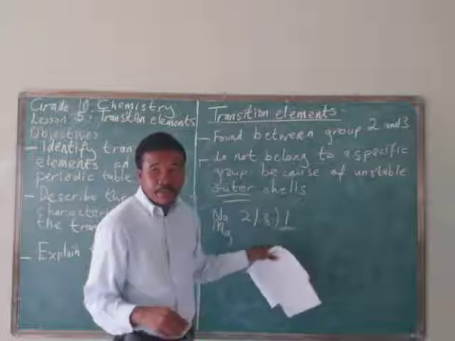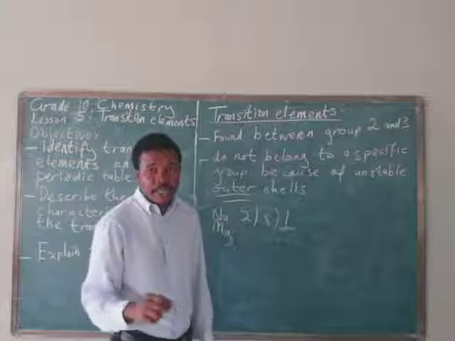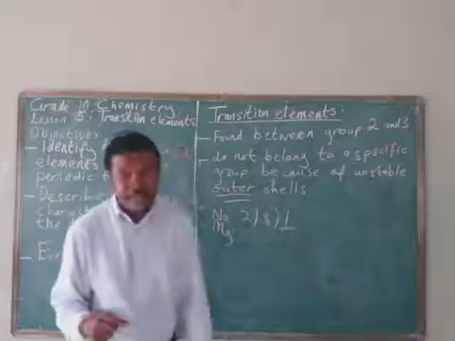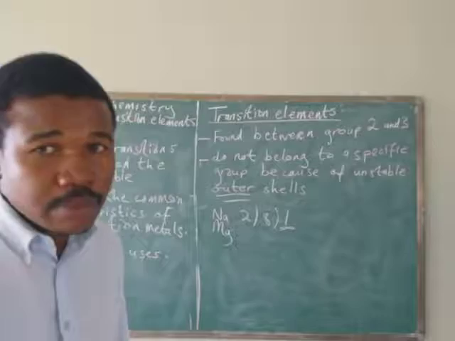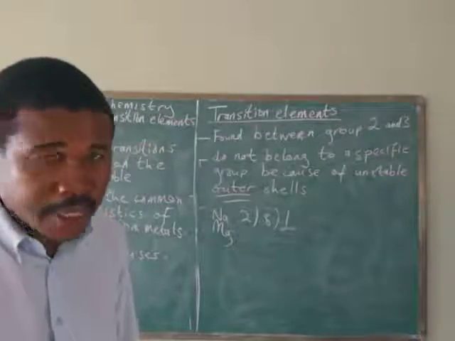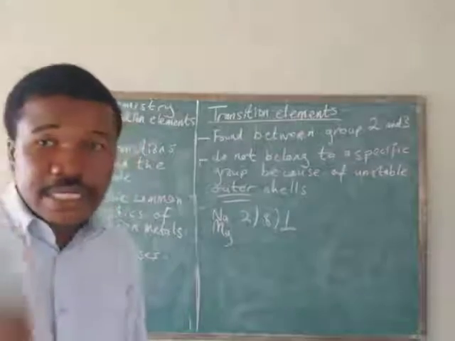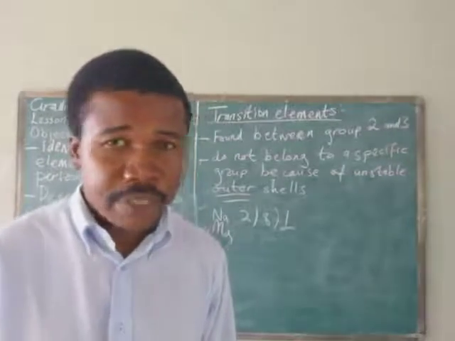This is the simplest configuration. So if it has 1 electron in its outermost shell, it means that it's going to be found in group 1. Magnesium has 2 electrons in its outermost shell, therefore it is in group 2. That's just some foundation material.